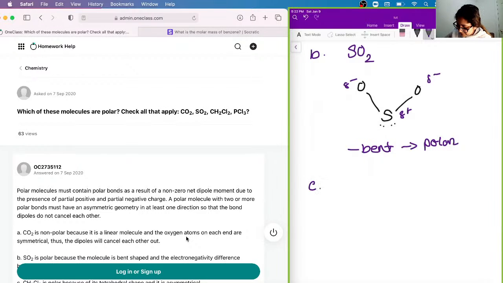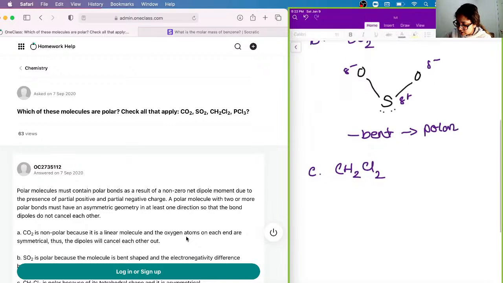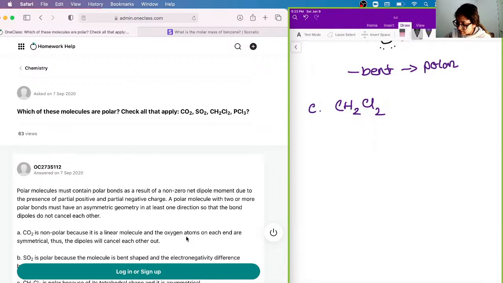Okay, so let's see, we have CH2Cl2, right? And so this is polar because of its tetrahedral shape. So this is a tetrahedral.